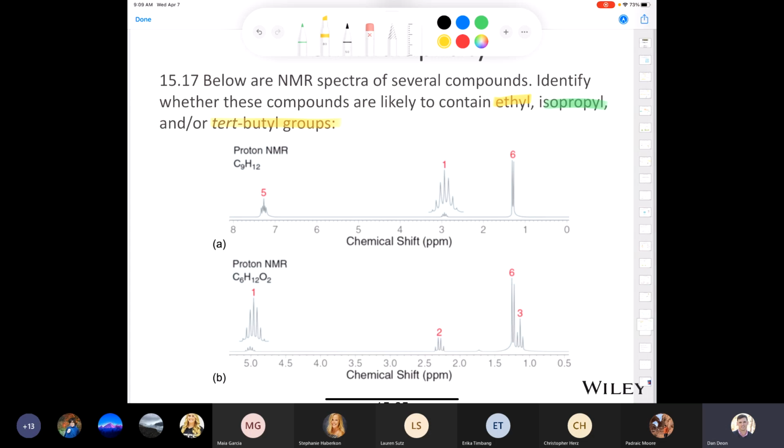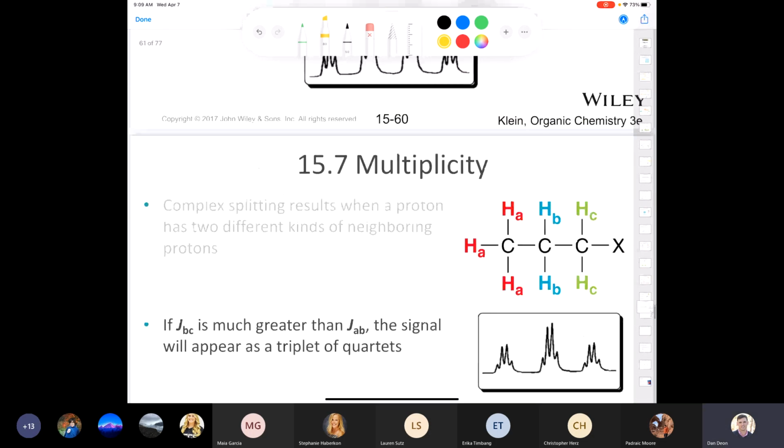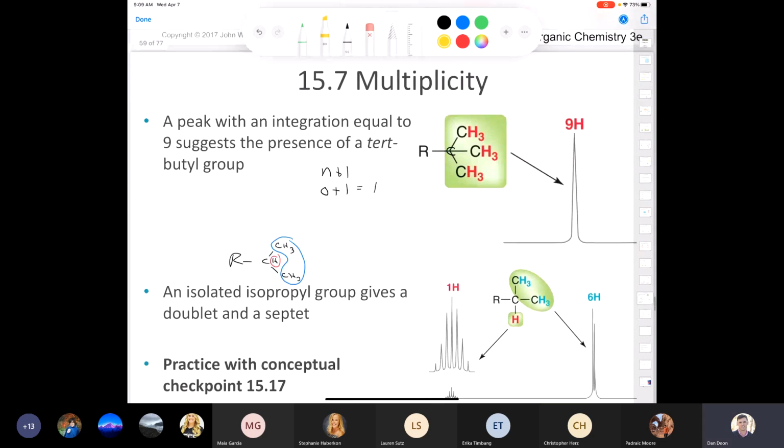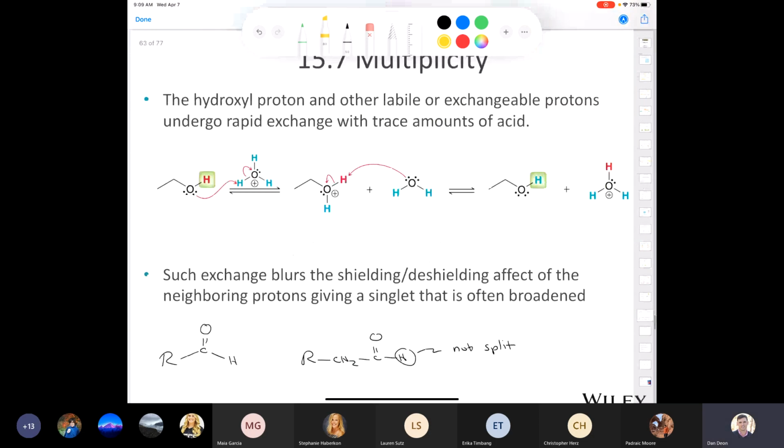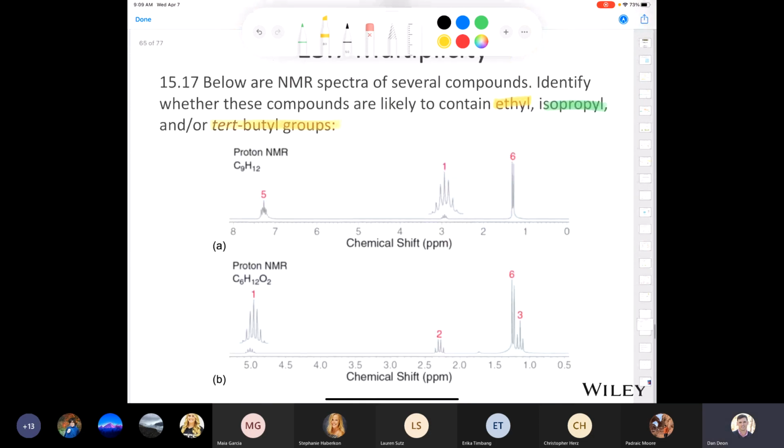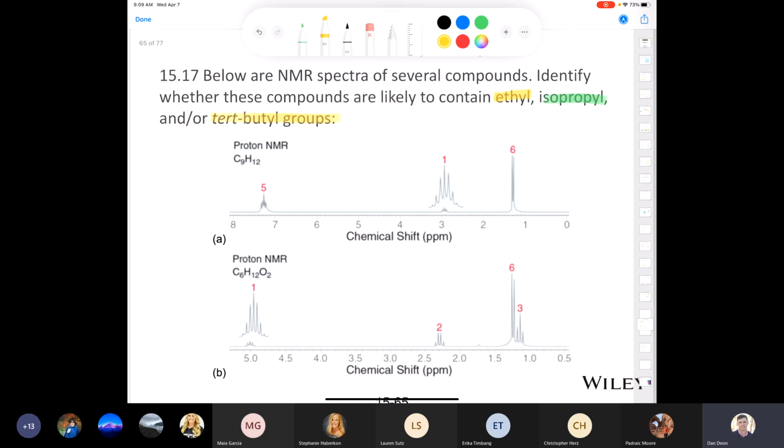One of them is. No, it's not a tert-butyl because a tert-butyl is going to have a singlet that integrates for 9 protons, right? If we go back here, we don't have any singlet that integrates for 9 protons.